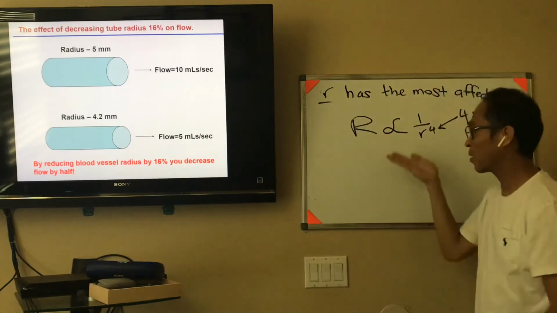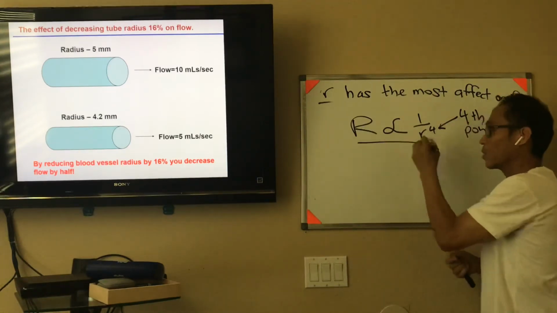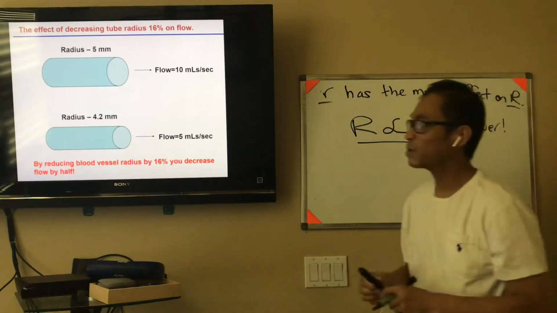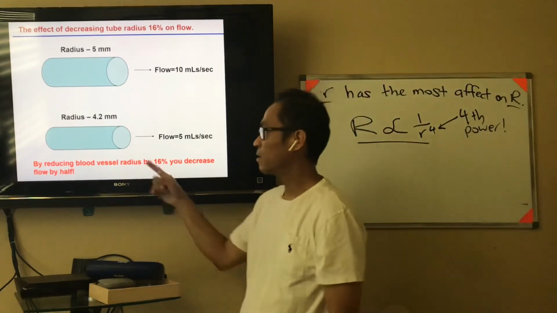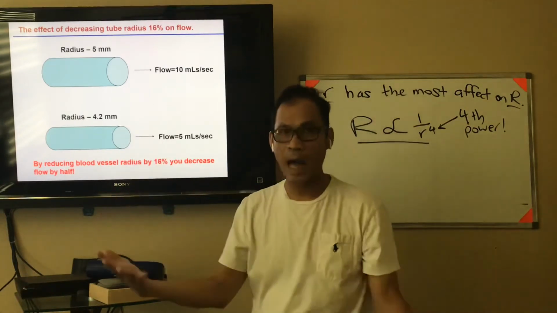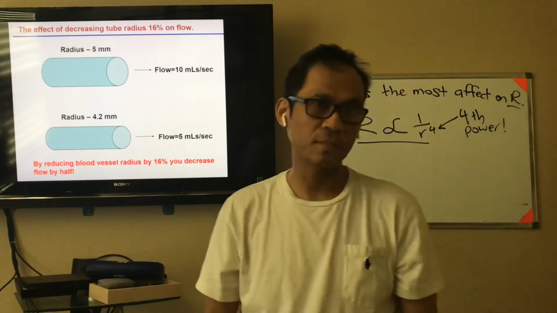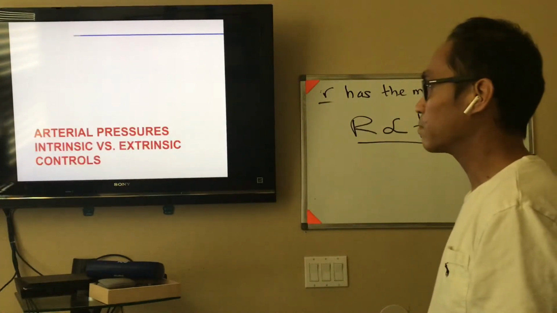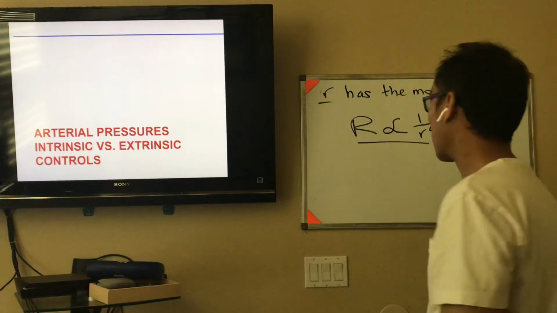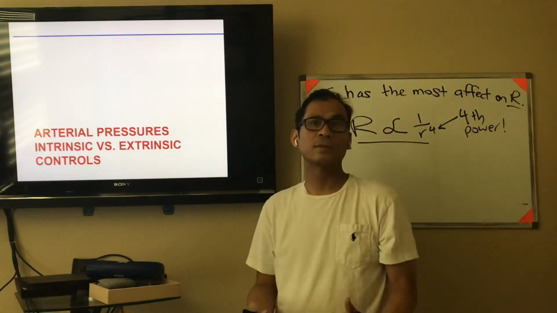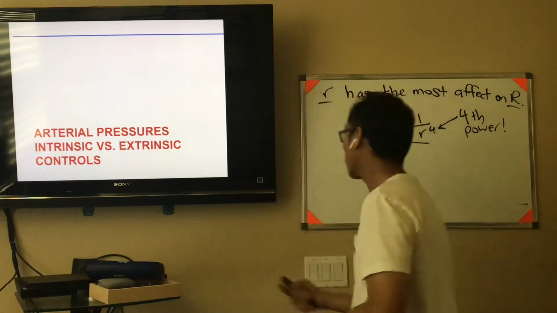Once again, underscoring this relationship that resistance is inversely proportional to vessel radius. Vessel radius affects peripheral resistance a lot, to put it in simpler terms. Okay. So let's start to talk about how blood vessels can affect vessel radius. We like to talk about the arterioles and the venules.